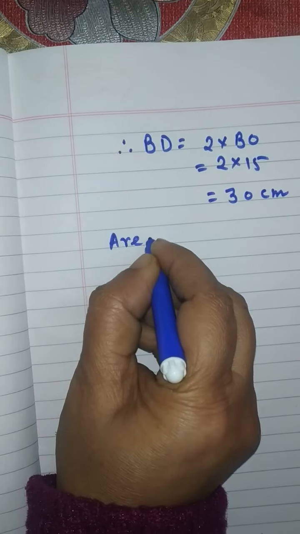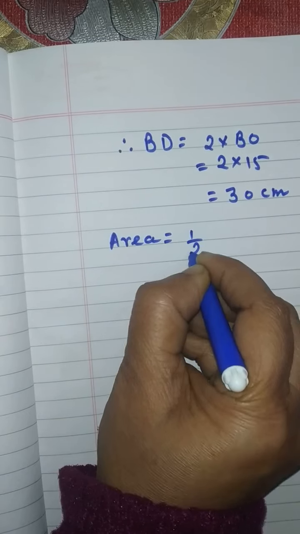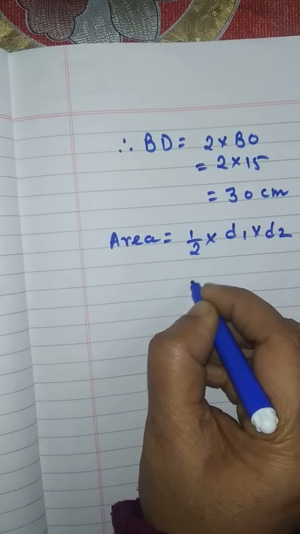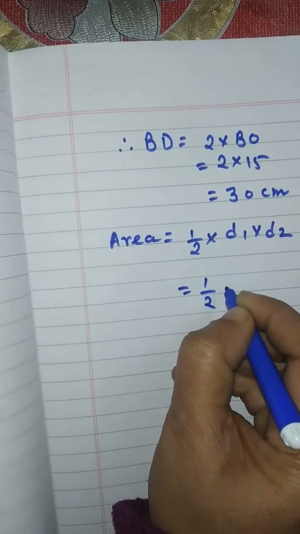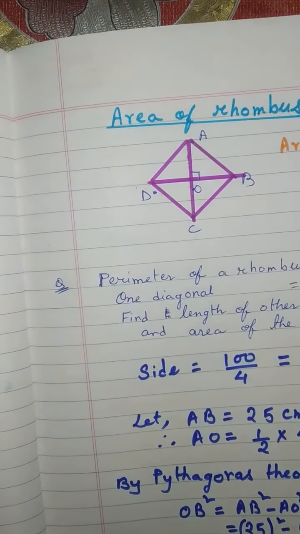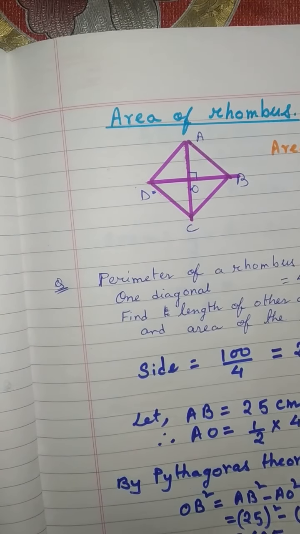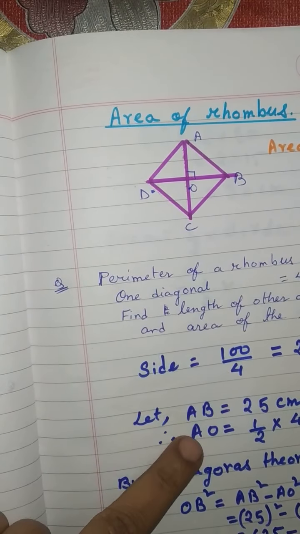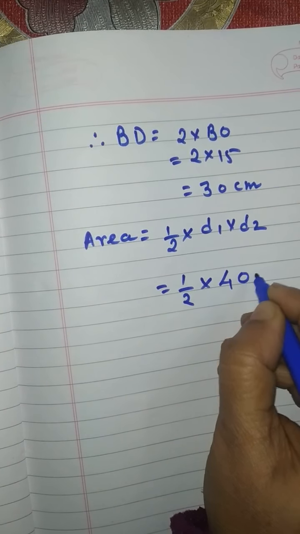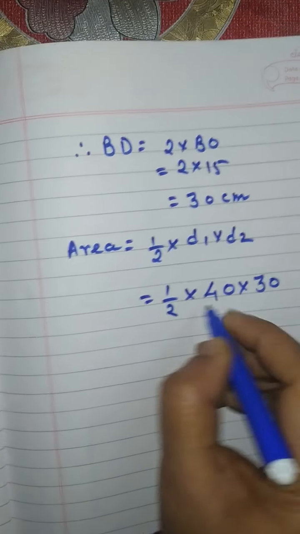And what is its area? Area is equal to half into diagonal 1 into diagonal 2. So the first diagonal is equal to 40 centimeter, and the second diagonal is equal to 30 centimeter.